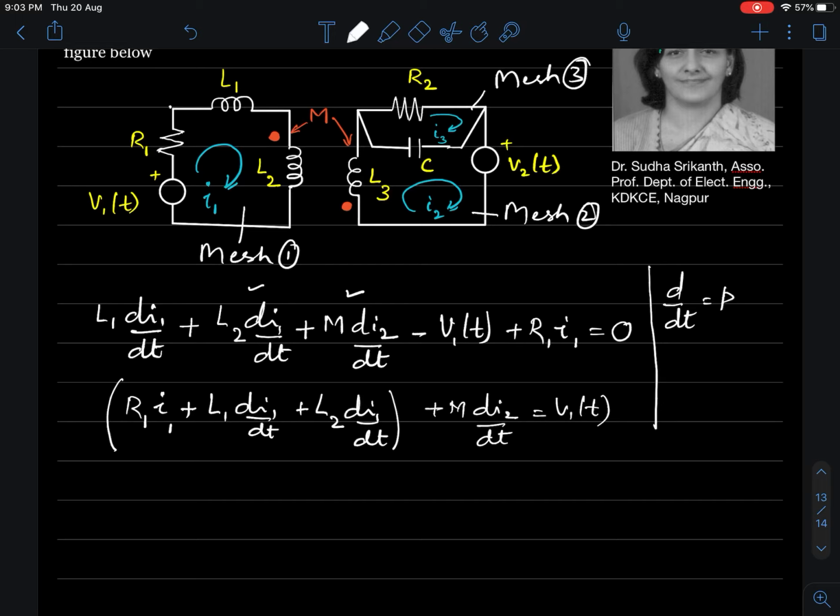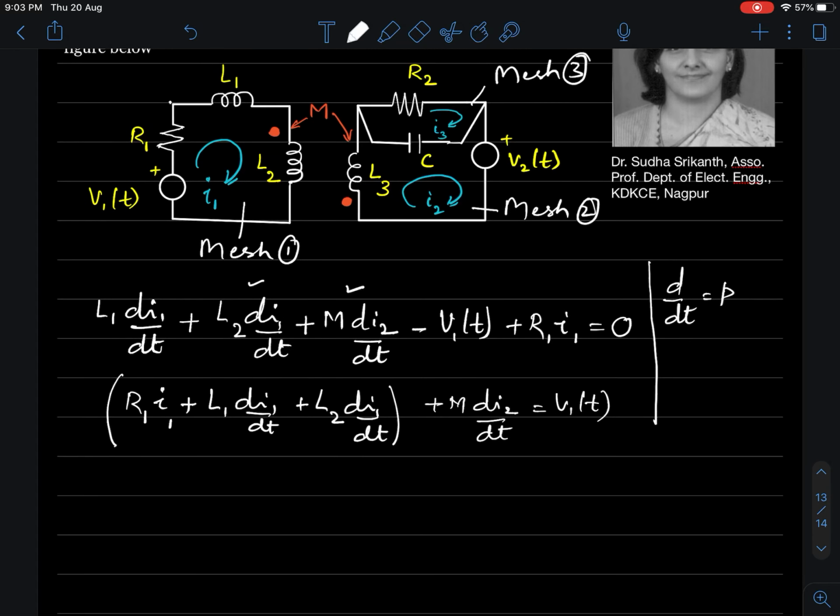So I will rewrite these equations as R1 I1 plus L1 p into I1 plus L2 p into I1 plus M into p times I2 equal to V1 of t.